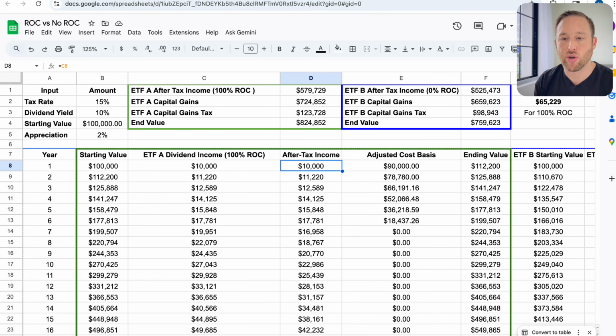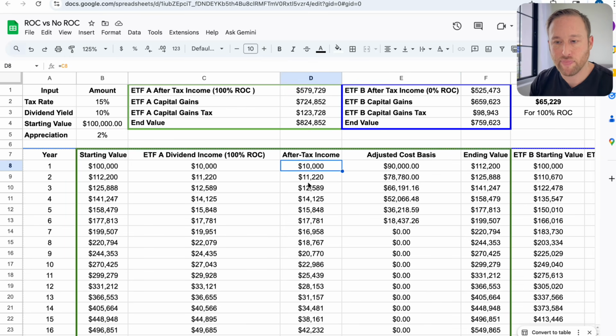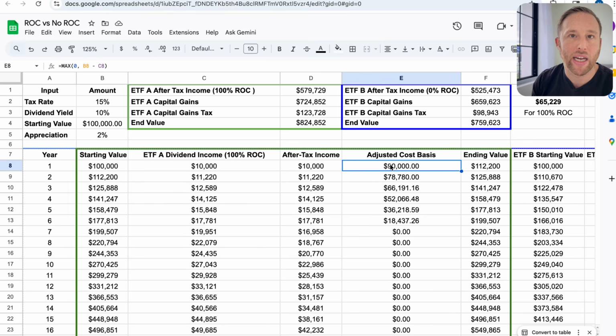So ETF A's return of capital brings 10K in that initial year, 10% of 100K. Now our adjusted cost basis, which is effectively how much we paid for the asset, is reduced by the 10K we received in dividends. We use this income and reduce the cost basis by 10K to give us an end value of 112K, including the price appreciation of 2%.